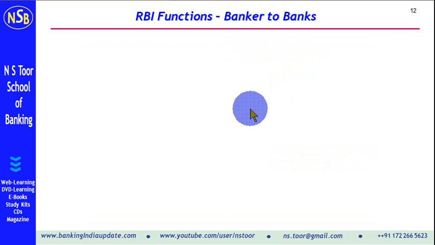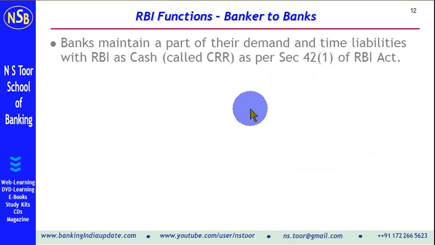Now banker to banks. This is another important function which Reserve Bank of India performs. RBI maintains accounts of banks, or we can also say that banks maintain a part of their demand and time liabilities with Reserve Bank of India in the form of cash, and this is called cash reserve ratio.